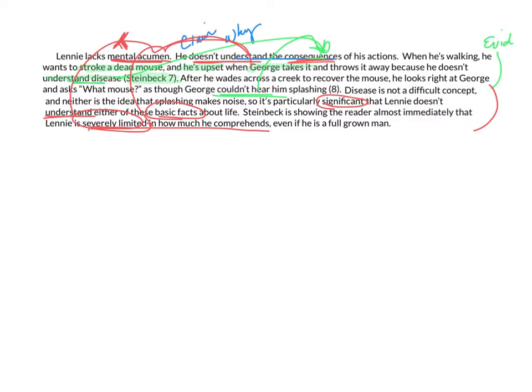This is not a man who is simply not clever. This is somebody who really has some very basic difficulties understanding the world. Now, this is the commentary that we've already done, because remember, so far we've done compare it to something, contrast it to something, or talk about what the significance is.